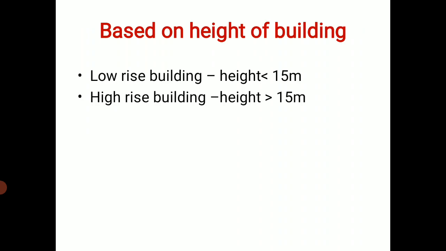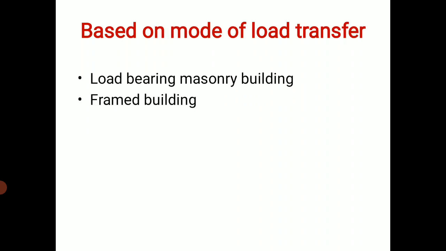Then based on the height of the building, two types are there, that is low rise and high rise building. If the height of the building is less than 15 meters, it is a low rise building, and if it is greater than 15 meters, it is a high rise building. Then based on mode of load transfer, there are load bearing masonry buildings and framed buildings. In a load bearing masonry building, the load of the upper floor and the lower floor will be transferred to the foundation through the masonry wall.